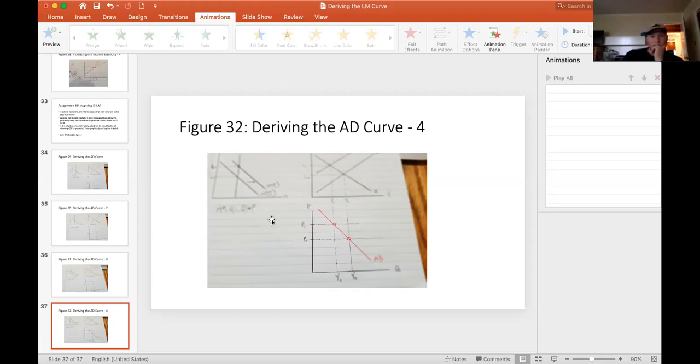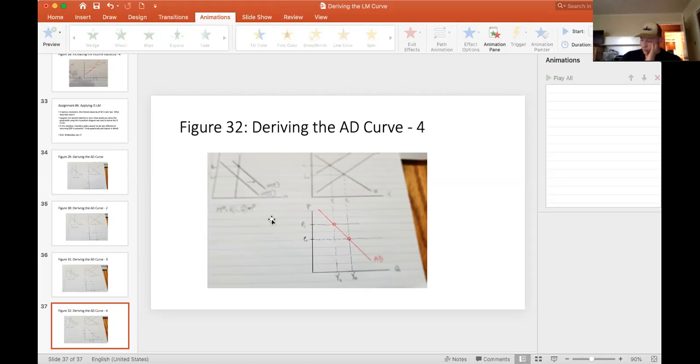Okay, so I can say that differently. Let me just repeat it. The aggregate demand curve shows all combinations of P and Q, where we understand that P is the aggregate price level and Q is real GDP.